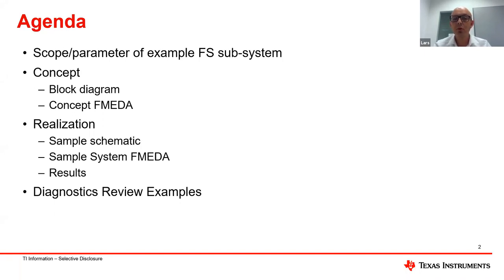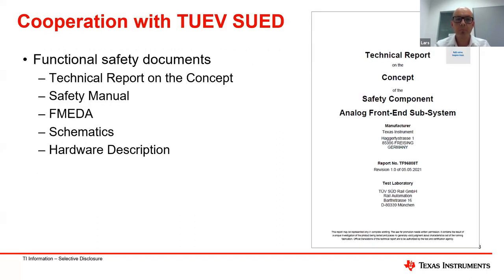And then we go straight to the realization, which includes a sample schematic, a sample system FMEDA, and finally the results. In the third section, we will have a closer look at some diagnostics I selected, so you can understand what I thought when I wanted to reduce the undetected faults, for example.